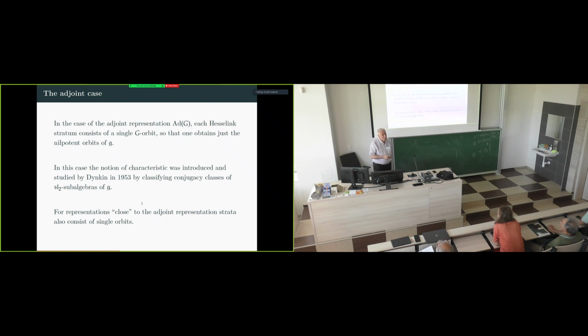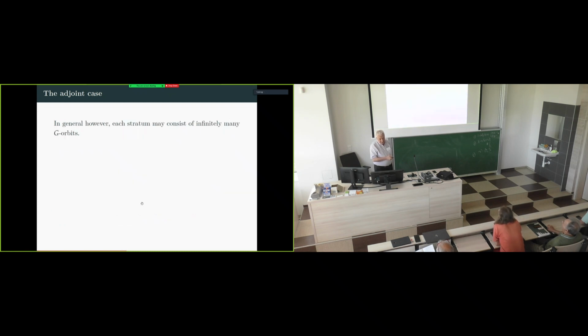And for representations in some sense close to the adjoint representation, strata also consist of a single orbit. In general, each stratum may consist of infinitely many orbits.